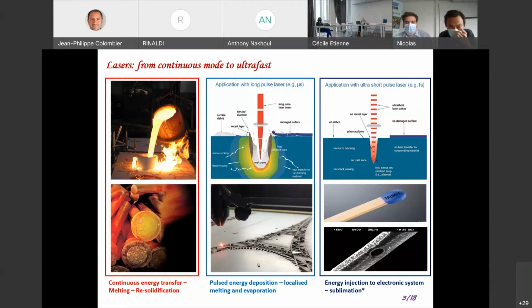In this scenario, we have negligible thermal effects. So the material experiences ablation without significant heating effects. As a consequence, we can use laser ablation to remove material from a match head without ignition, and we can do laser drilling on a human hair without bending or burning it. These are examples showing the ultimate precision we can get with ultrafast laser pulses.